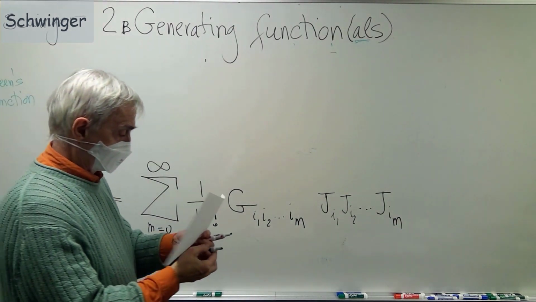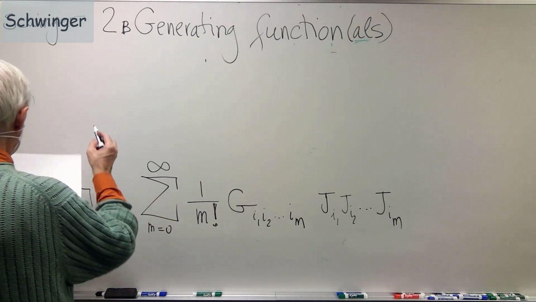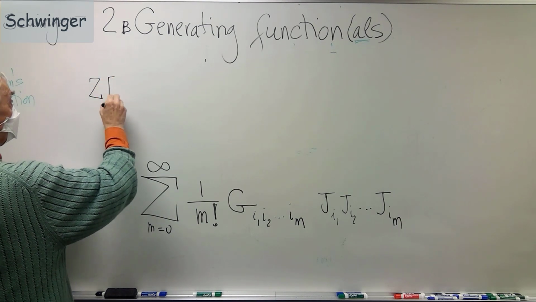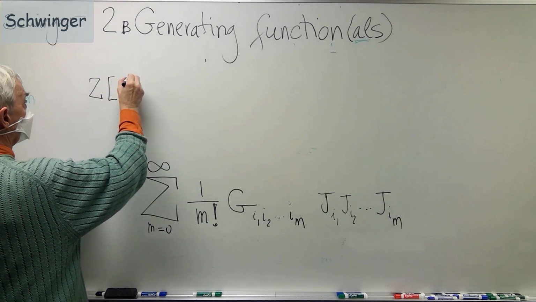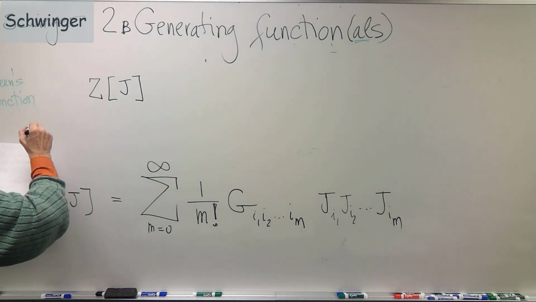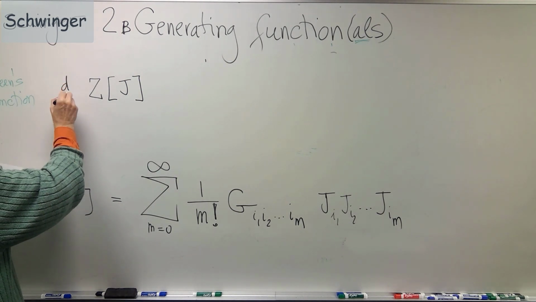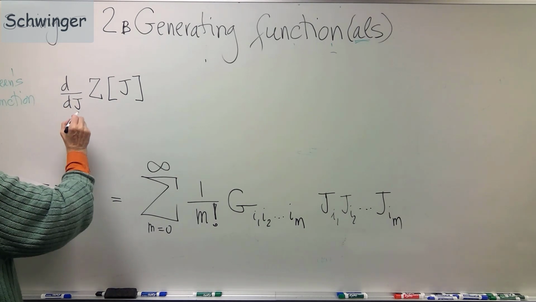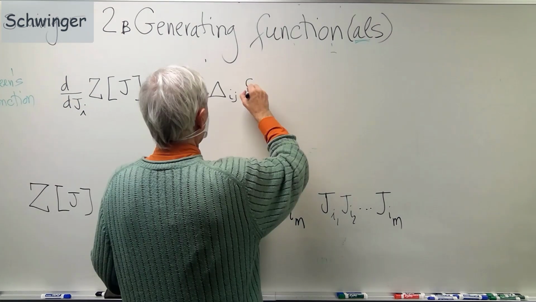Having a generating function or having individual Green's functions with a finite number of legs, it's fully equivalent, but generating functions are wonderful because I can manipulate functions themselves in very powerful and convenient ways.